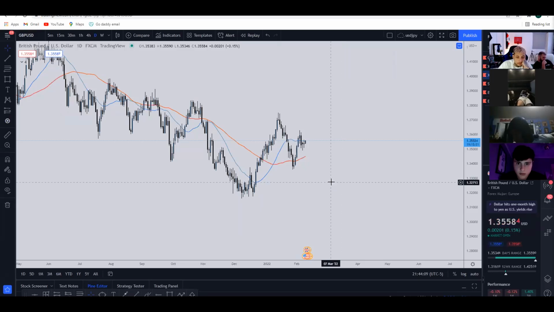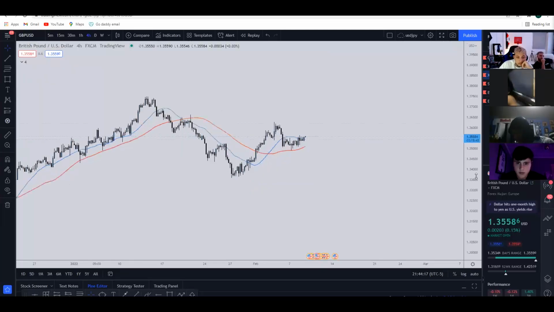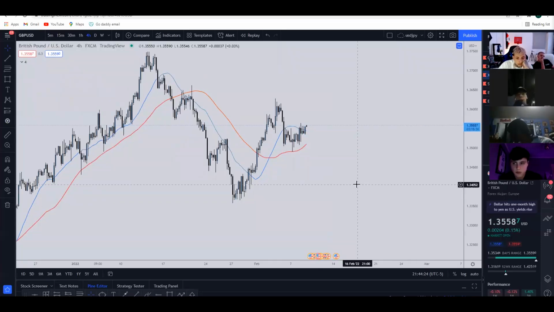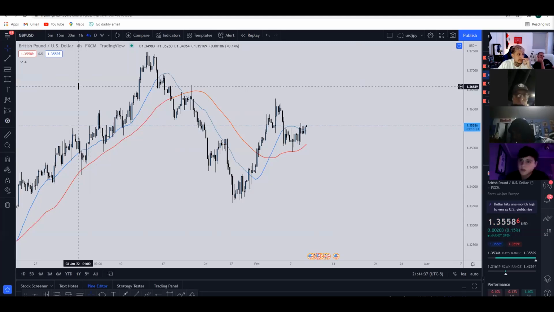But in the 4-hour, most of my trades I base on the structure. In the 4-hour, I see that the price has broken the structure and made a new lower low. Then the price consolidates, but at that point I don't know what to do.